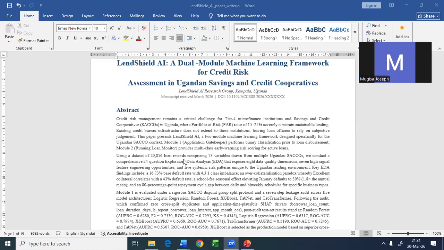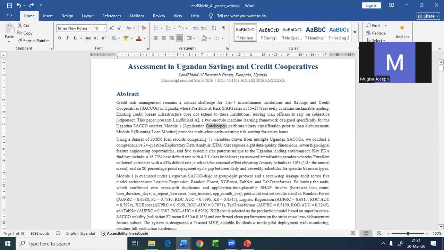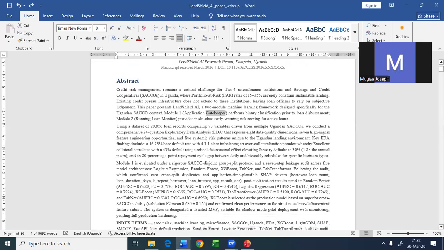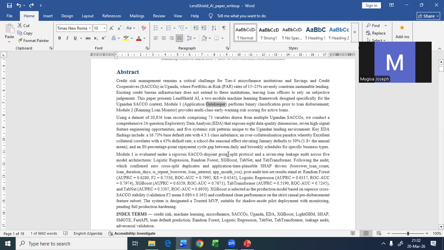Credit management in Uganda remains a challenge because the institutions are not receiving services from the credit bureau.